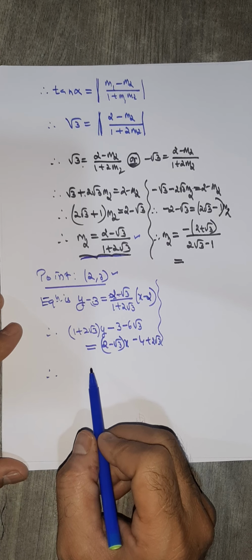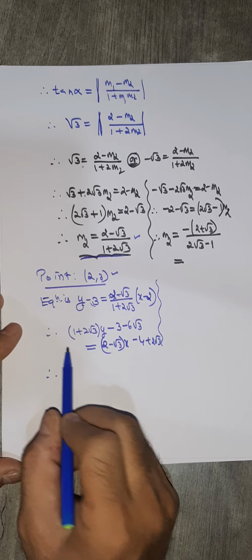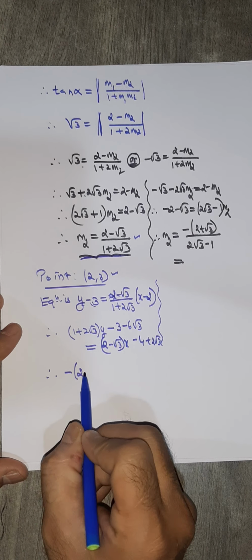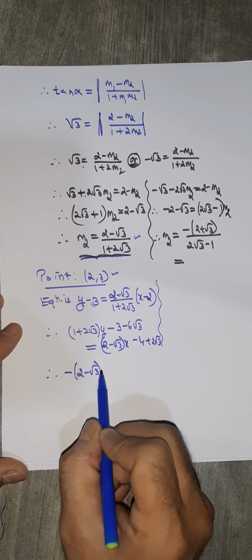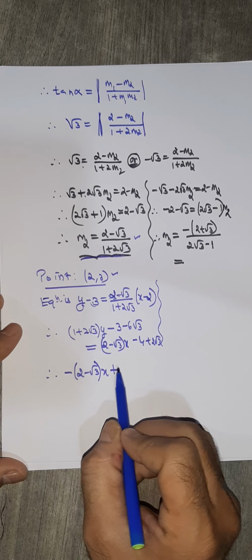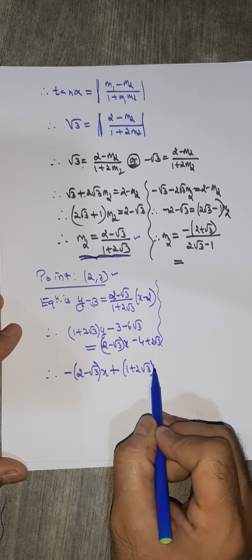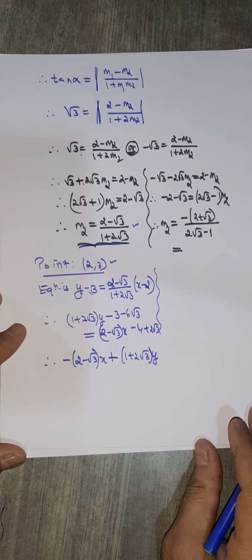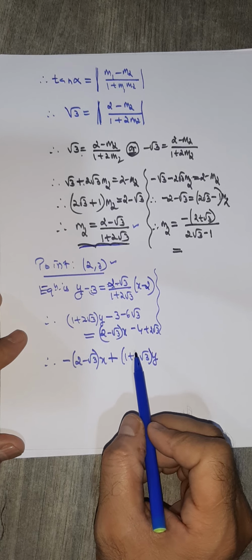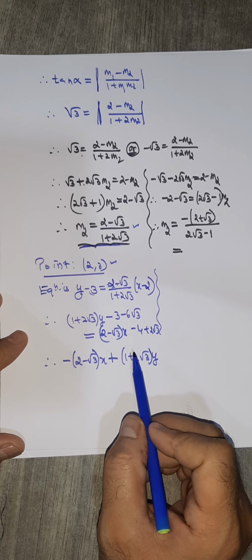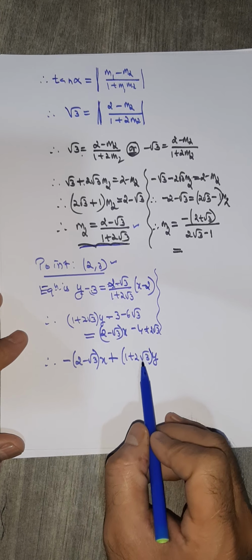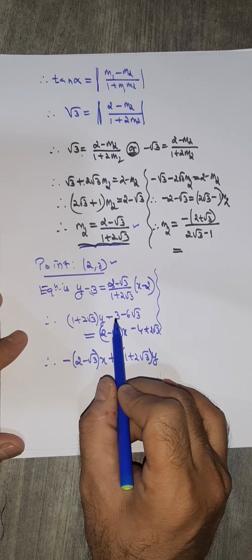Which form? Ax plus by plus c equals 0. I'll take this one over here. So minus 2 minus root 3 into x. This one as it is, 1 plus 2 root 3 y. And at this place, I'll take this one on that side, so minus will be plus here.